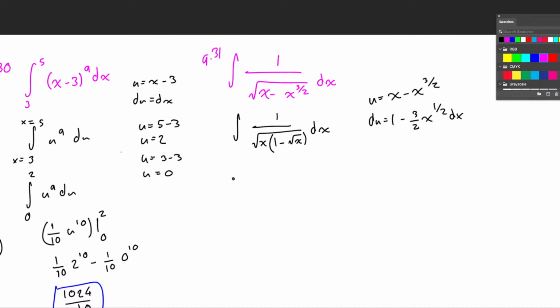I mean, what we could do is make this the square root of x plus x to the 3 over 2 over x squared minus x to the 3rd, right?